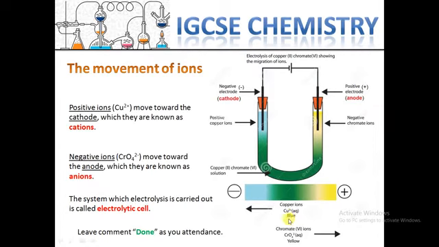That's why we call positive ions cations and negative ions anions. The system in which electrolysis is carried out is called an electrolytic cell.